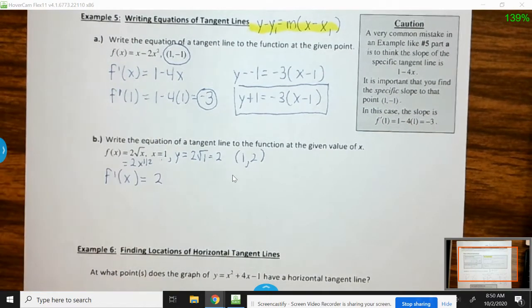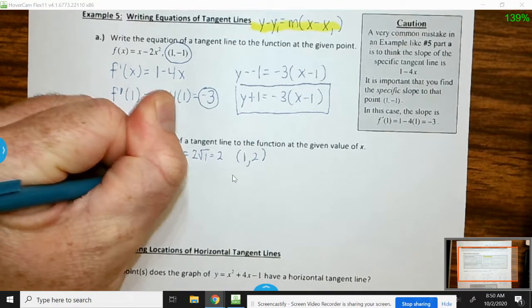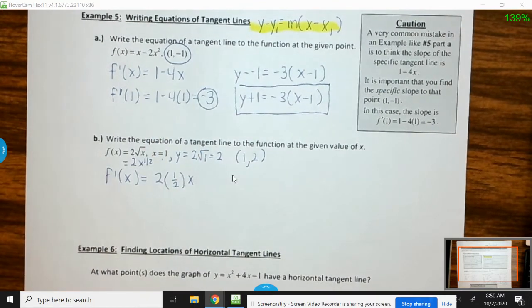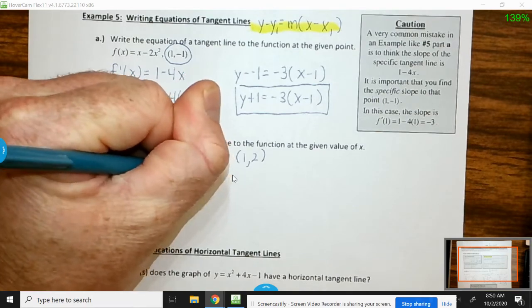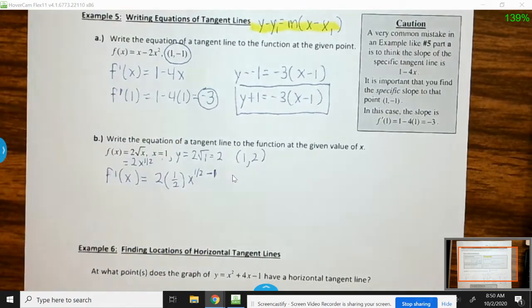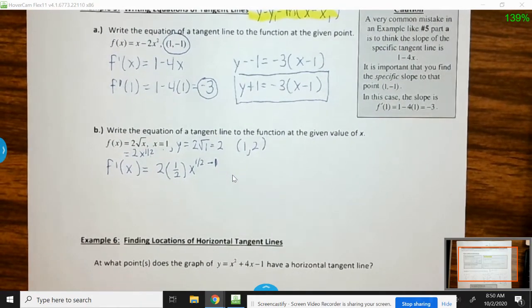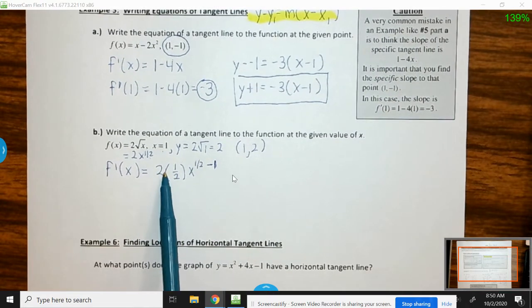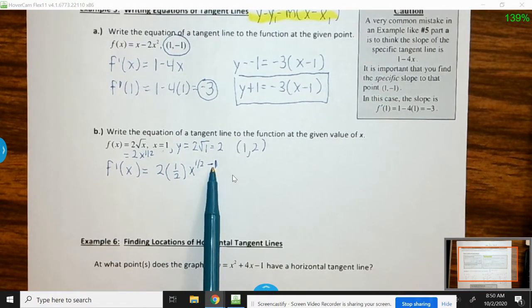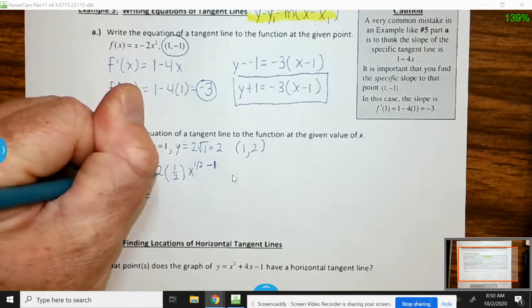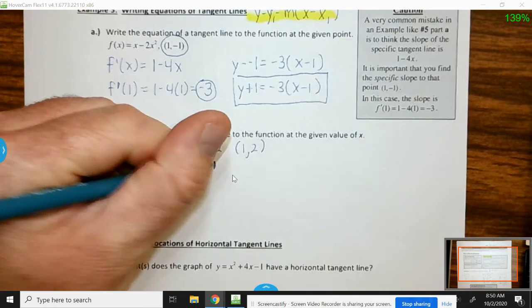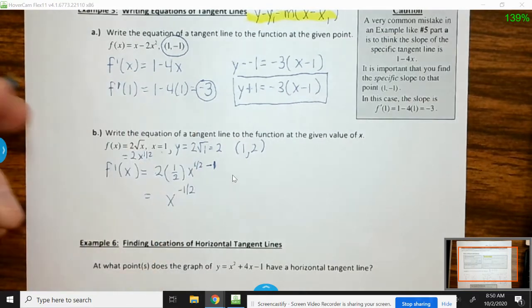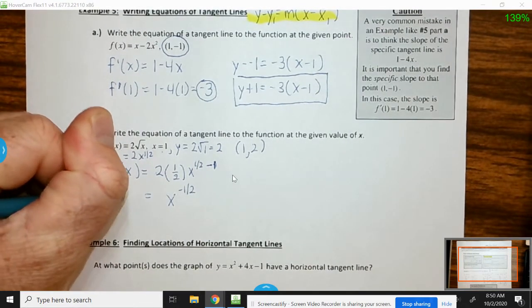Well, it's 2 times 1/2 times x, and in case you're still unsure, to the 1/2 minus 1. That's the whole power rule, right? The power rule says you write the exponent out front and you knock the exponent down by 1. So cleaning that up, 2 times 1/2 is 1. So I would get x to the 1/2 minus 1, or x to the negative 1/2.